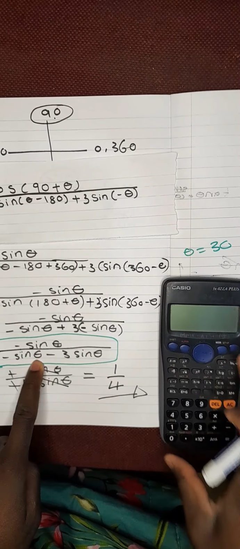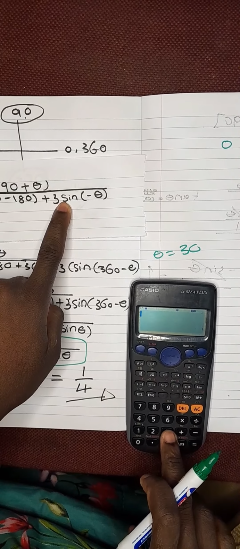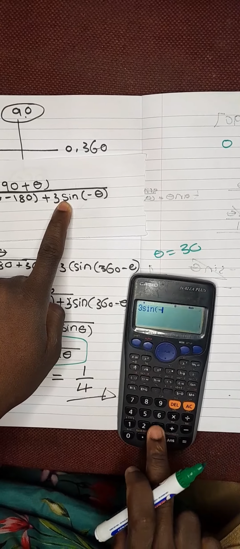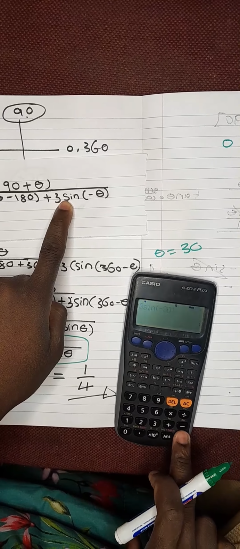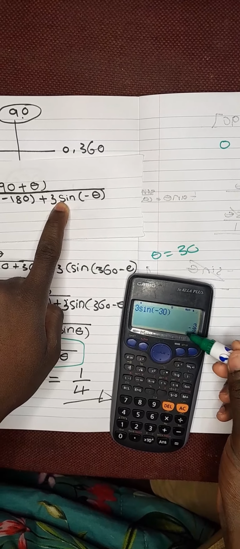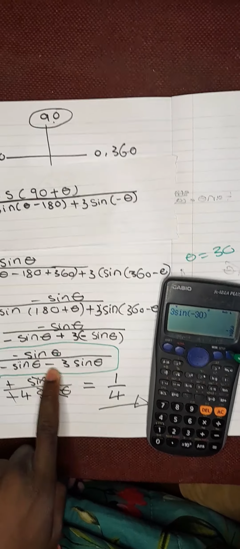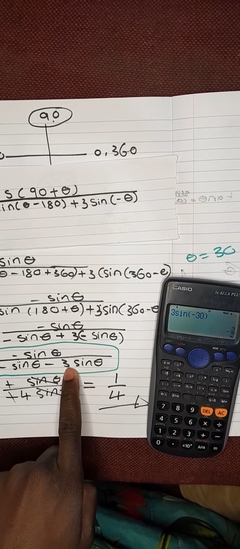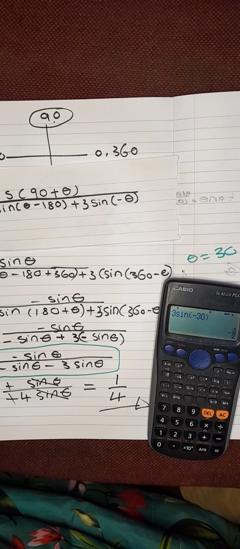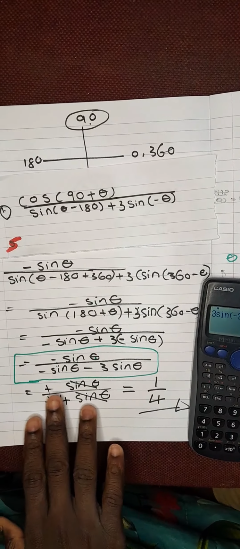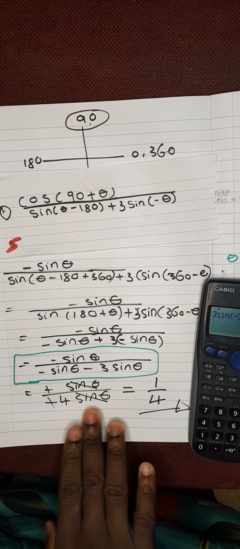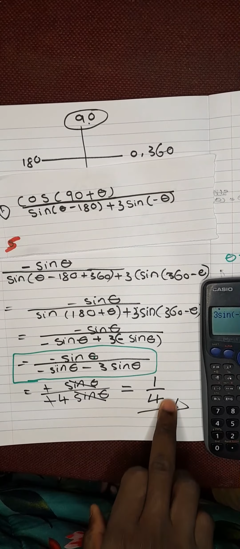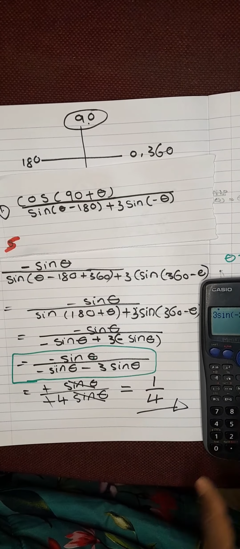Let me continue. Here I have 3 sin(negative theta). Is it negative or positive now? It is negative, meaning I come here and write negative 3 sin theta. Then I use my algebra and add the like terms in the denominator. Then my answer is going to be 1/4.